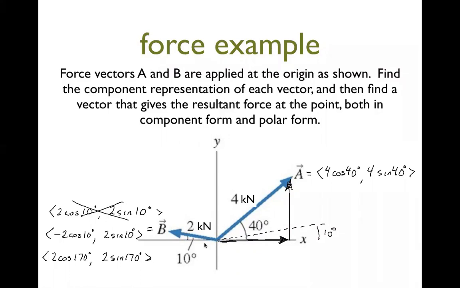Okay, so next question. Let's talk about the situation here. We've modeled this with two-dimensional vectors, so these are kind of like displacement vectors. In this situation, say we're pulling on a bolt in the wall. So this is a bolt, okay?